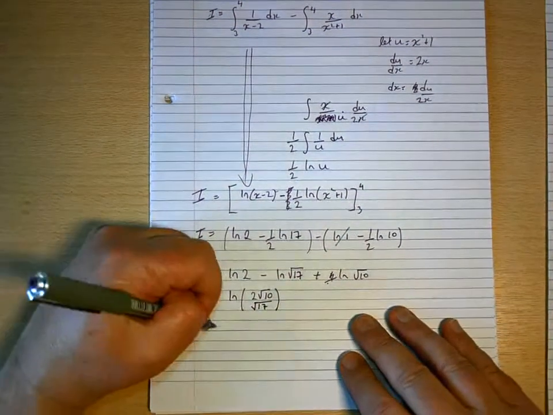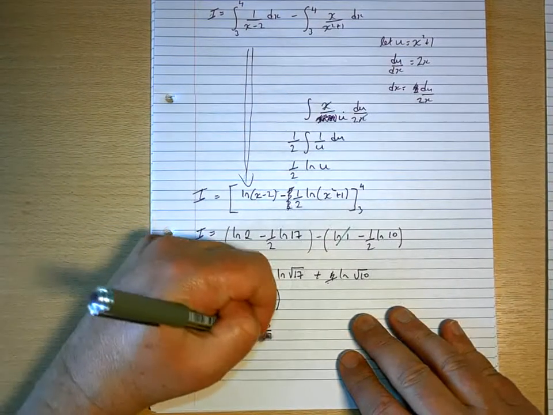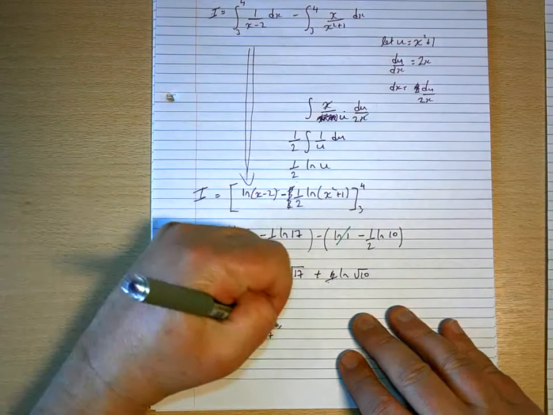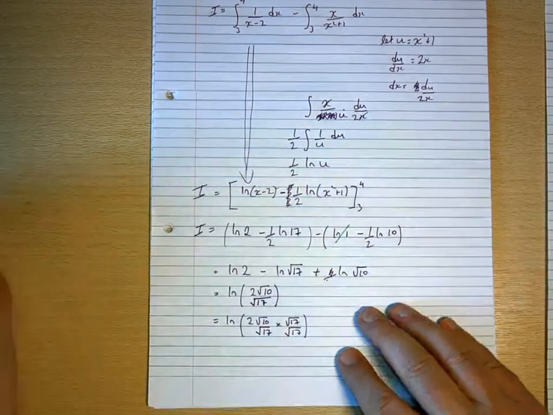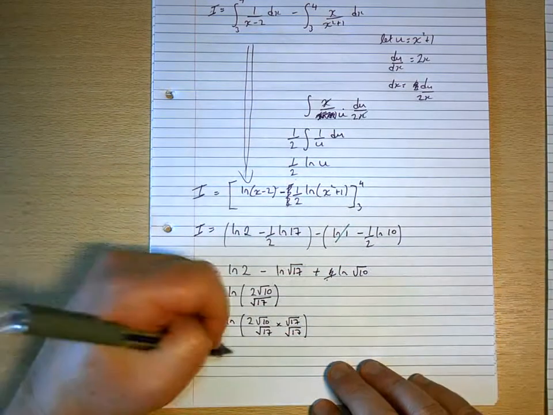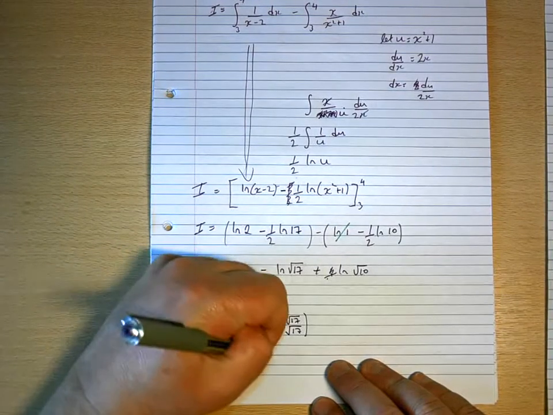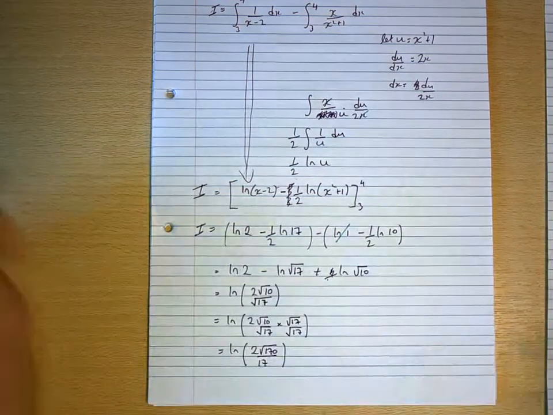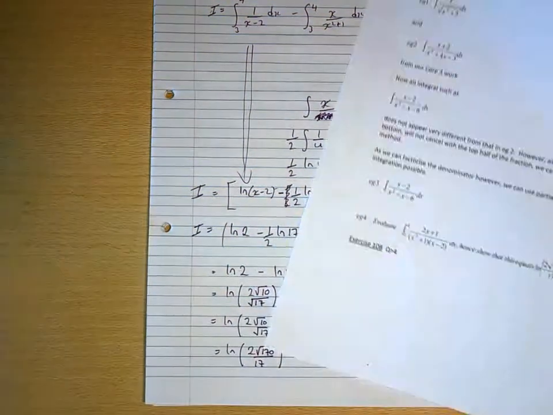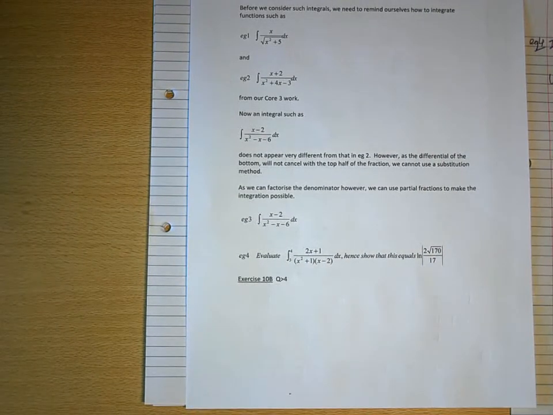And rationalize the denominator by multiplying top and bottom by the root 17, giving me the natural log of 2 square root of 170 over 17, which, if I go back to the start, is what they were asking us to derive.